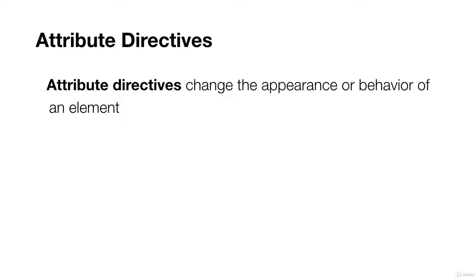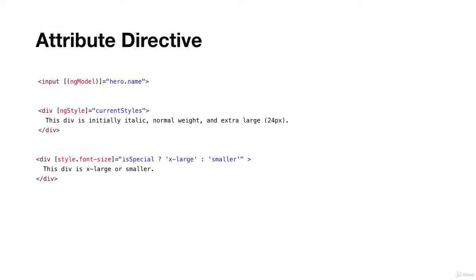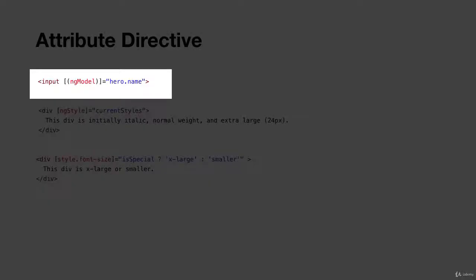So what are attribute directives? Attribute directives change the appearance or behavior of an element. Let's say we have an attribute directive. ngModel is a perfect use case for an attribute directive because we are changing the behavior of the DOM element.